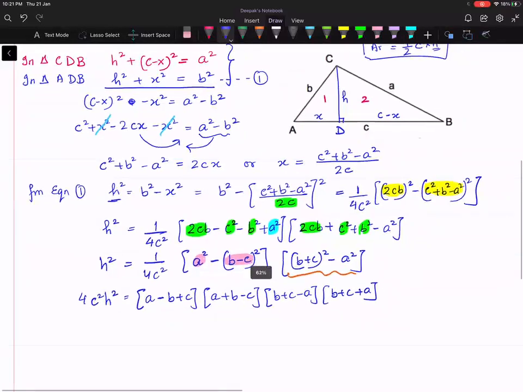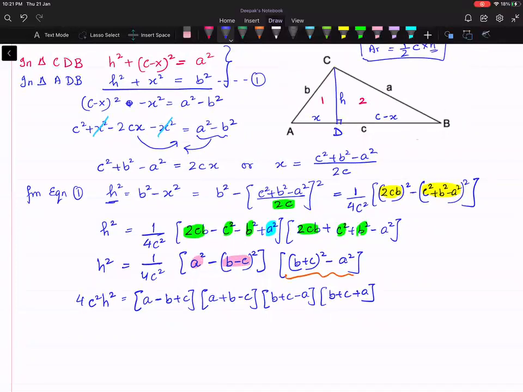Now here, now comes the role of semi perimeter. In semi perimeter, if you see, we have got s is a plus b plus c by 2. So we are getting a plus b plus c is 2s, or a plus b.